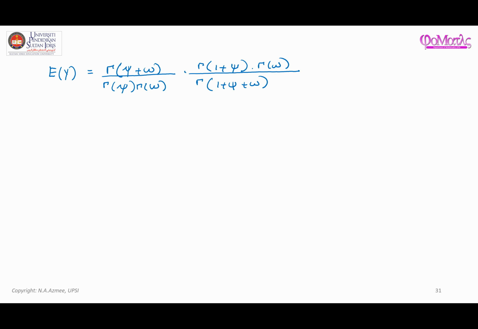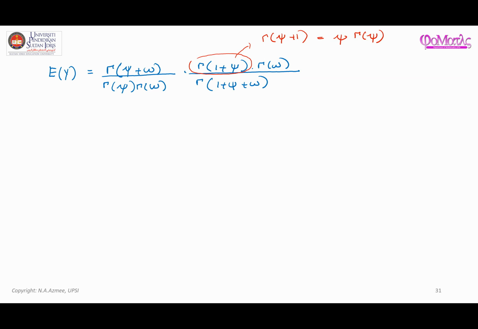Now in order to simplify that further, we need the properties of gamma function. So for example, this one right here can be simplified, you can write this in terms of gamma plus 1, which is equal to this result here.